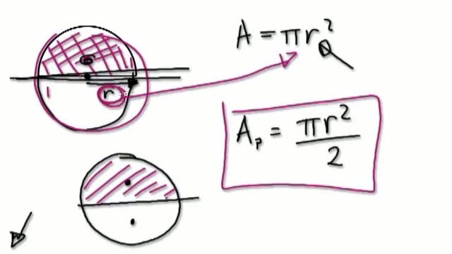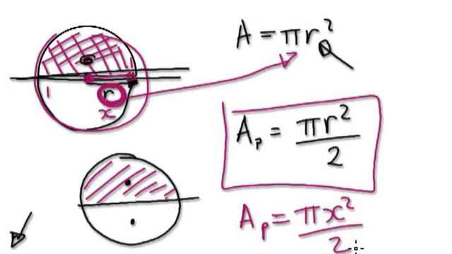Because I've kept the r here, it's saying that the value of this thing is r. If I change it to x, saying that this distance here is x, then the area of the purple part will be A P equals pi x squared over 2.